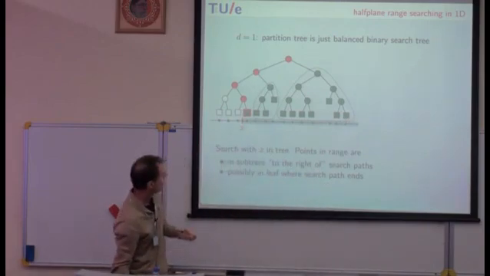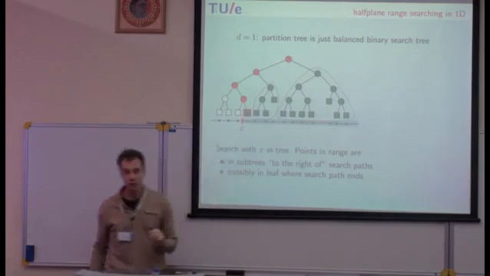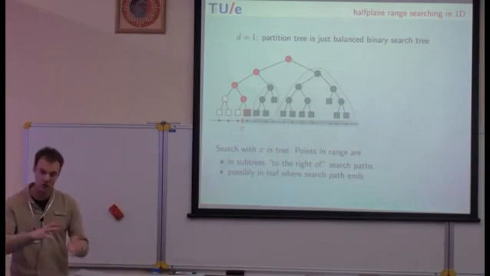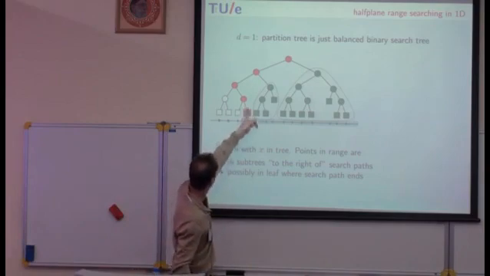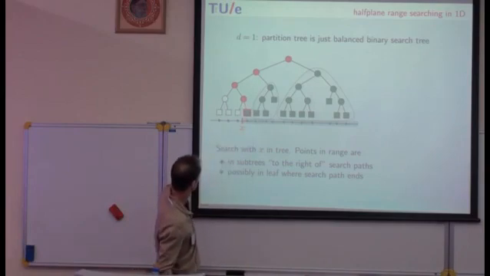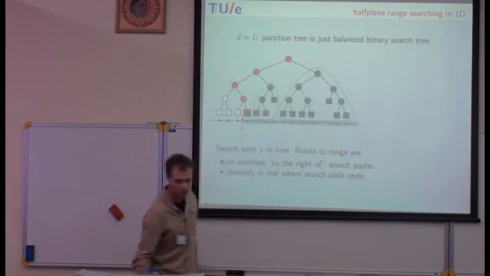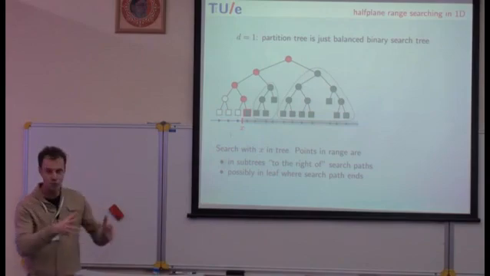One way of looking at it is that you have this leaf where the search ends. That leaf could be inside or not. It could also be that I search here and then maybe I also end up here. And all the other ones are the leaves to the right of this. As you can see, they're grouped into a number of subtrees.